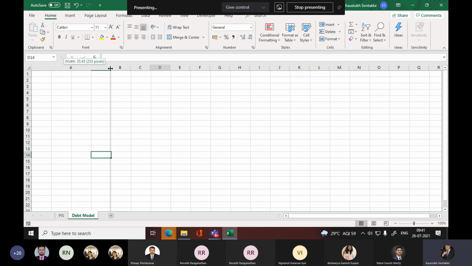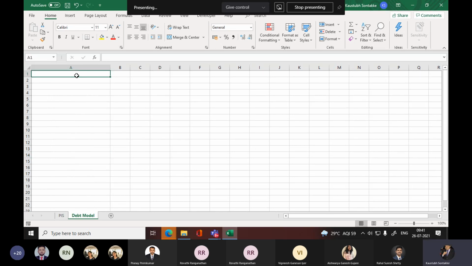Again, no hard coding. Increase the size of your column A. And let's proceed. Now, on the top, you will give heading debt modeling for project FCAR.